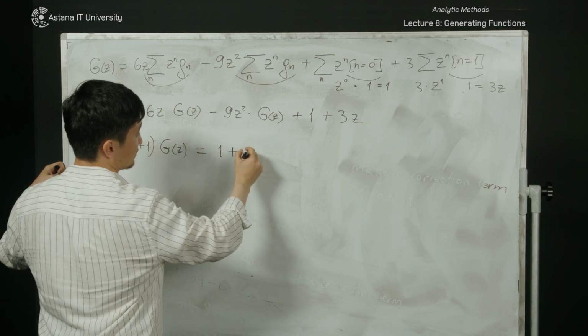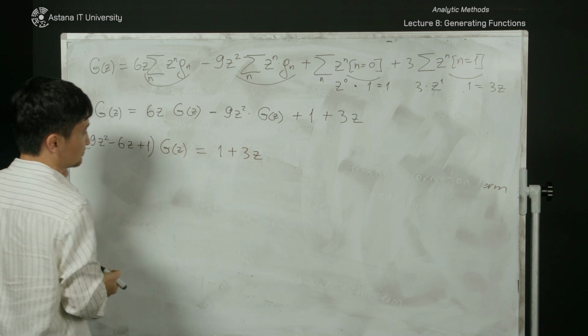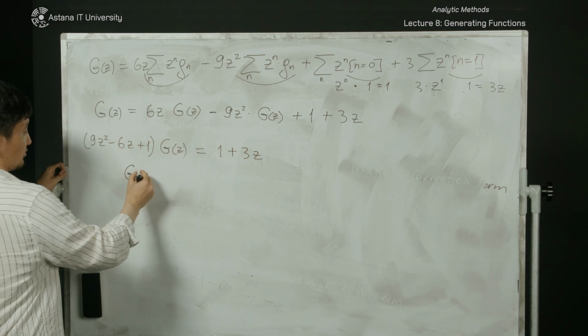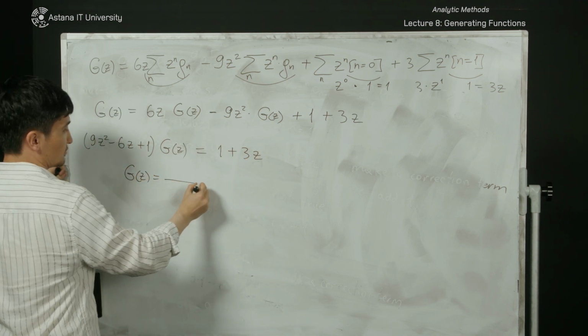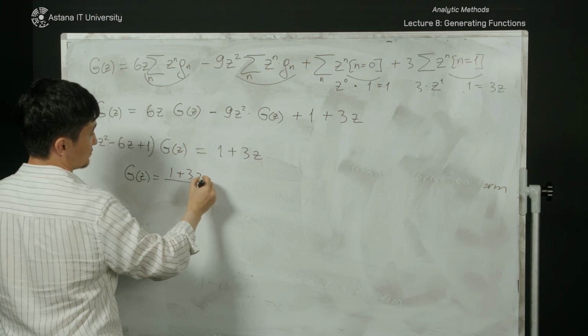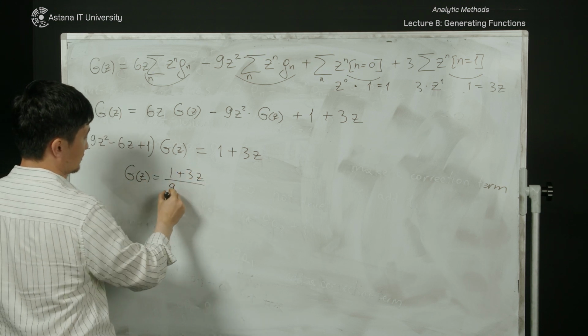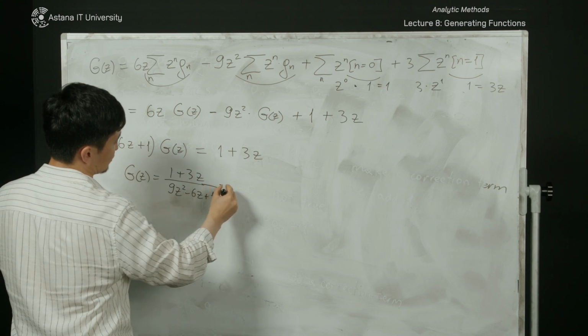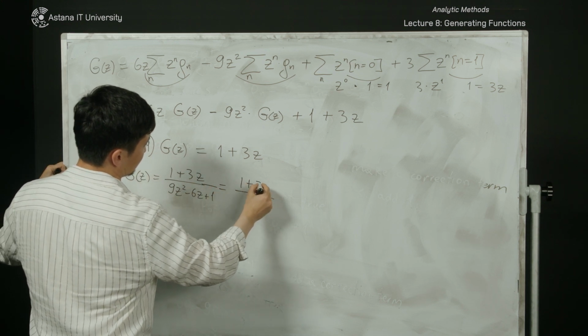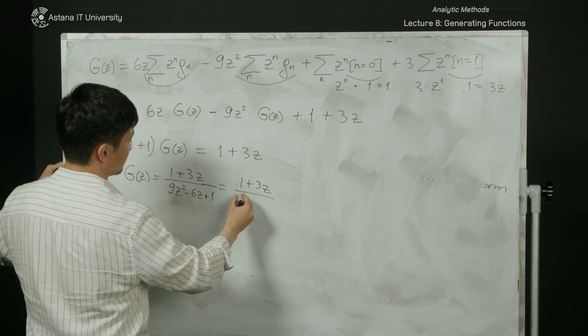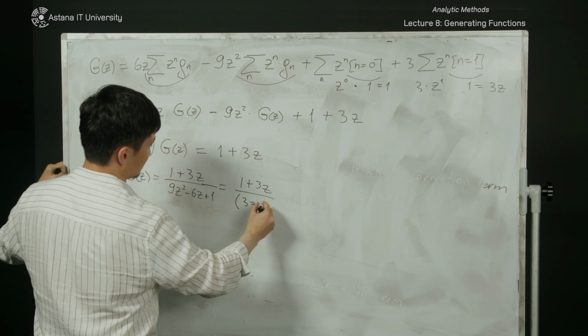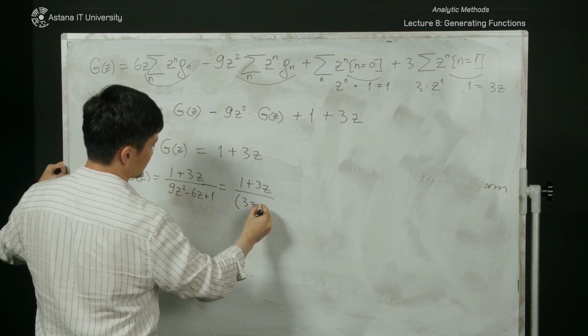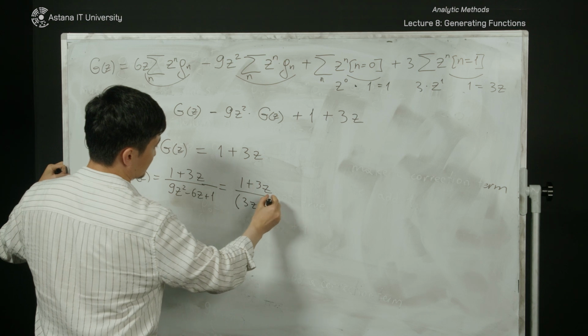And on this side, I have 1 plus 3z. And from this, I can say my g of z is equal to 1 plus 3z divided by this expression, which I can also simplify further if I want. I don't have to.